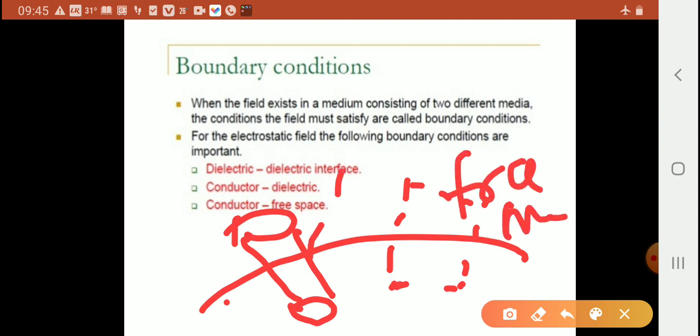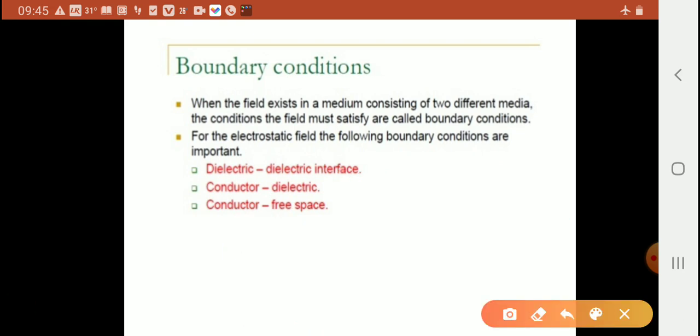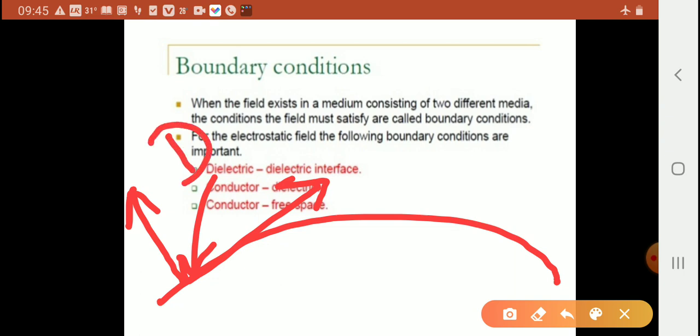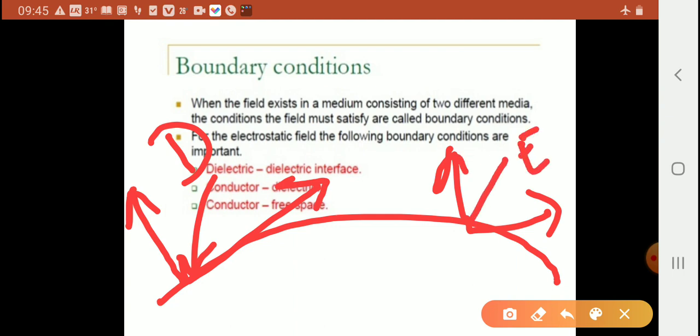This boundary condition applies to D and E. D means electrical flux density, and E is the electrical field intensity.